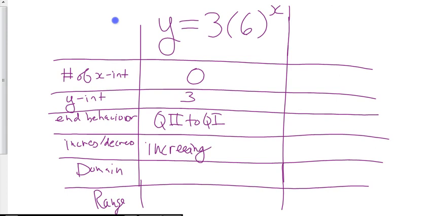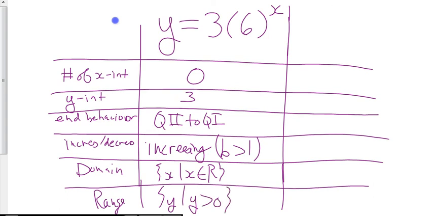A and b are always positive, so why is it increasing? What's above 1? Okay, b is greater than 1. That's how you know it's increasing, right? That's your justification, all right? Because the b value is greater than 1. Domain belongs to the reals, and the range, y is greater than 0.